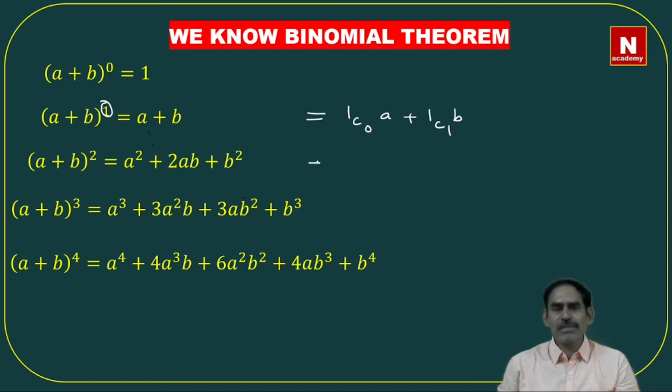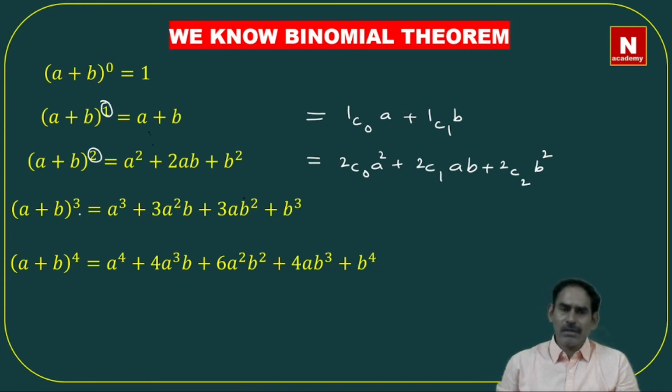Similarly, (a plus b) whole square can be expressed with the help of index 2. The a square coefficient is 1 here, so this can be written, in terms of 2, as 2c0 into a square. Next, 2 can be written as 2c1 into ab, and the b square coefficient is again 1, which can be written, in terms of 2, as 2c2 b square.